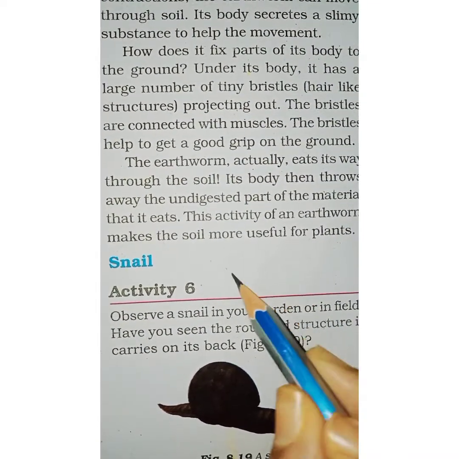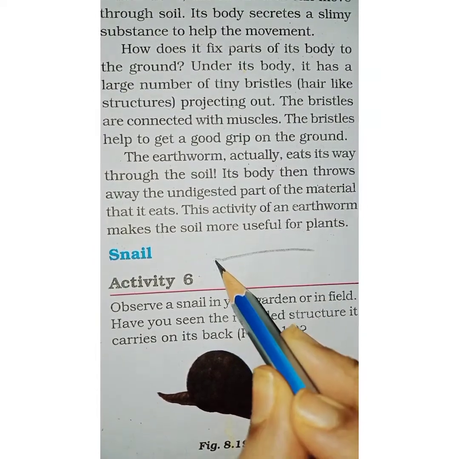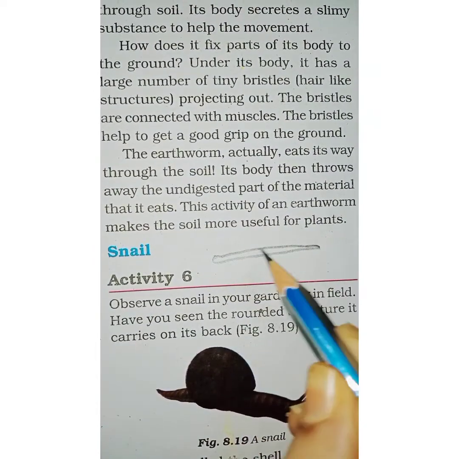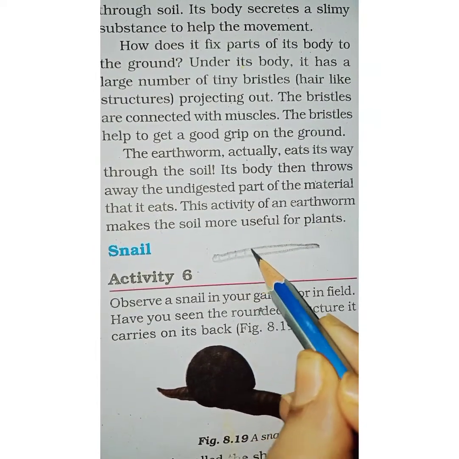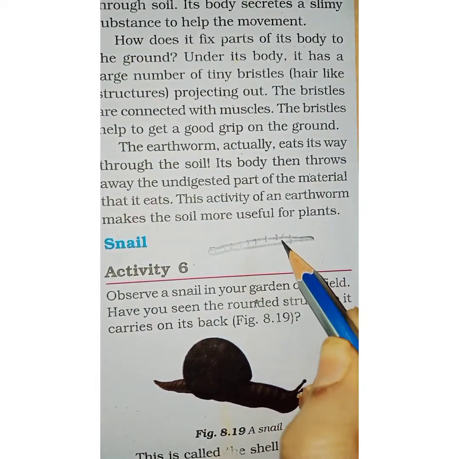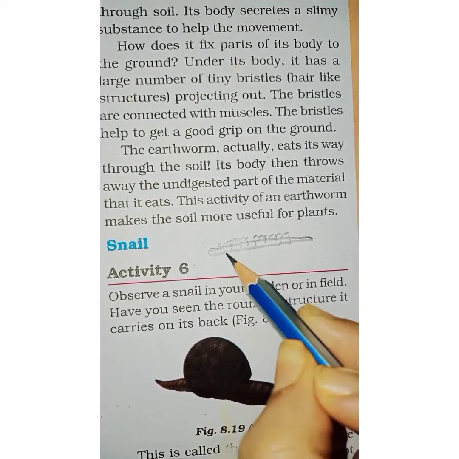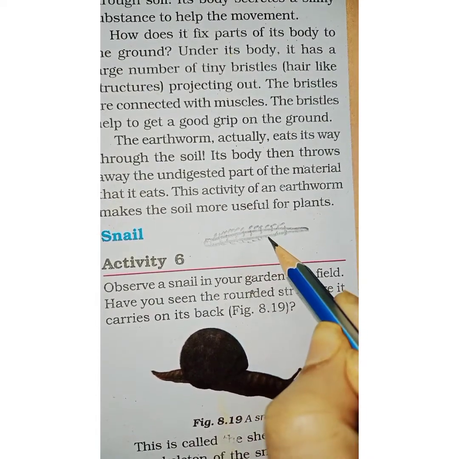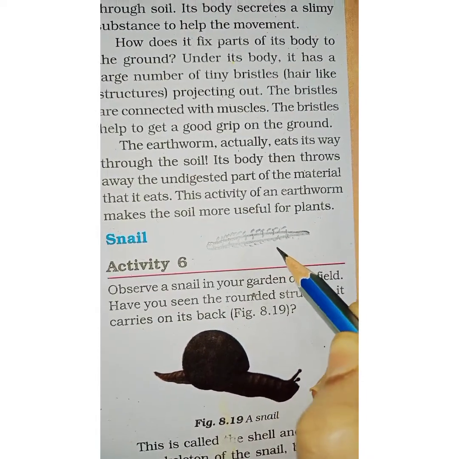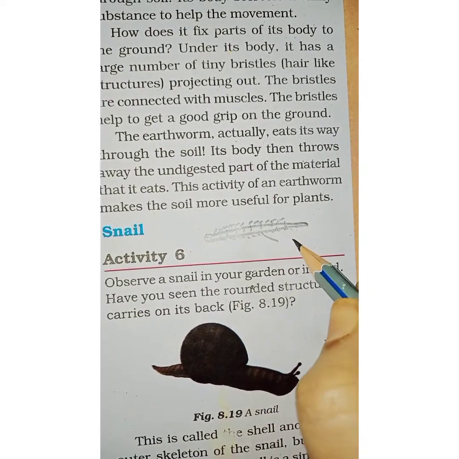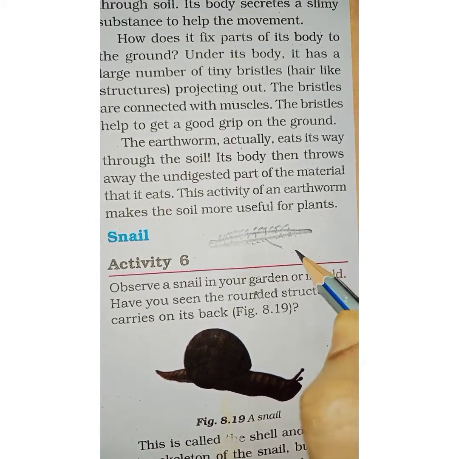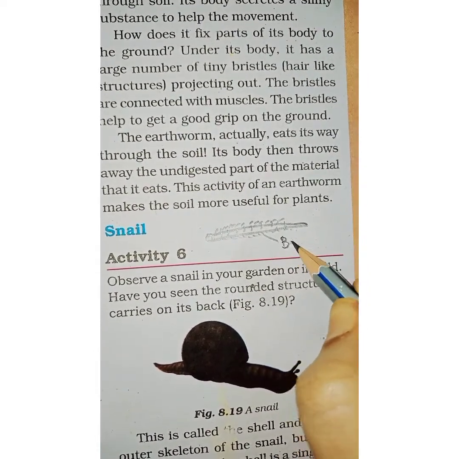So what happens here? Imagine this is an earthworm. It will have rings on it, and it will also have bristles like tiny hair over its body.